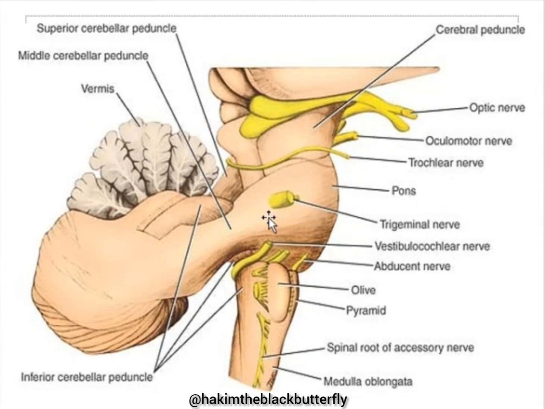The middle cerebellar peduncle connects the cerebellum to the pons, and the inferior cerebellar peduncle connects the cerebellum to the medulla oblongata. So that is how our cerebellum is connected to the brain stem, which lies anterior to it.